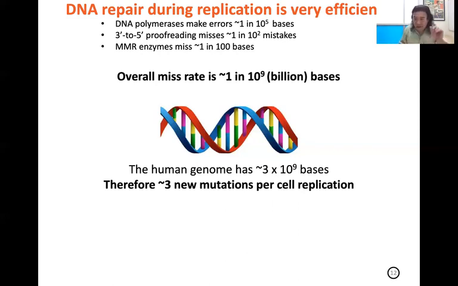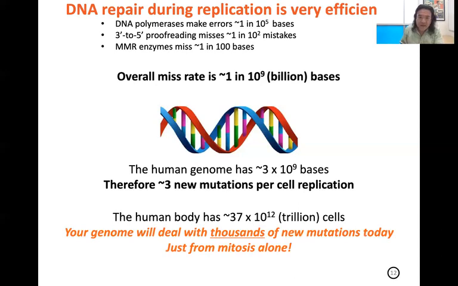So when you extrapolate this, if we have about 37 trillion cells in our body, your genome every day is dealing with thousands of new mutations just as a product of things like your stem cells dividing. And that is the baggage that you are accruing every single day, just by the fact that you're alive and that your cells divide.